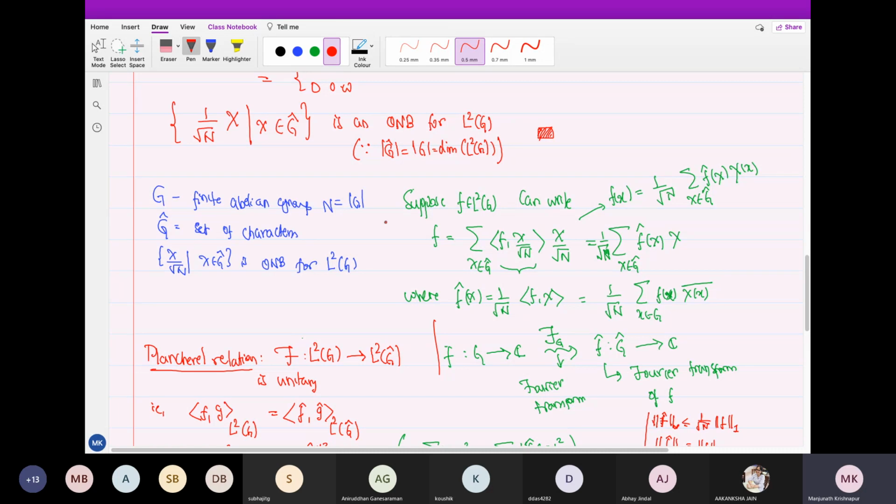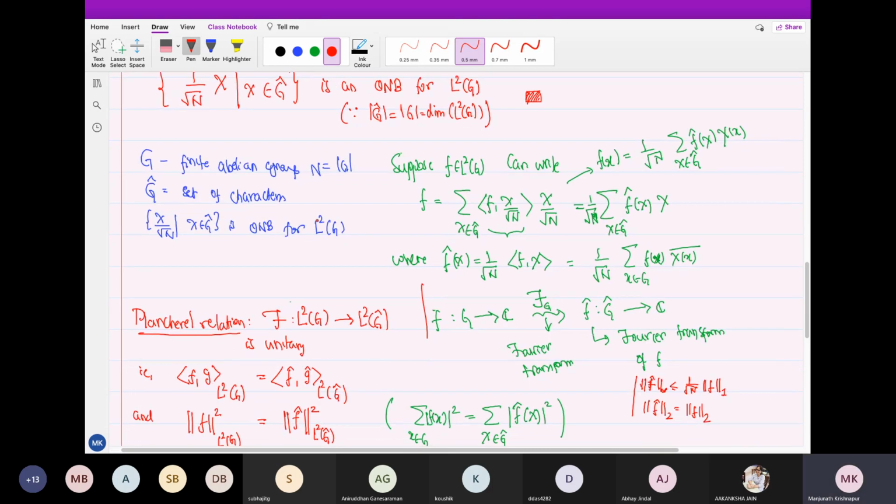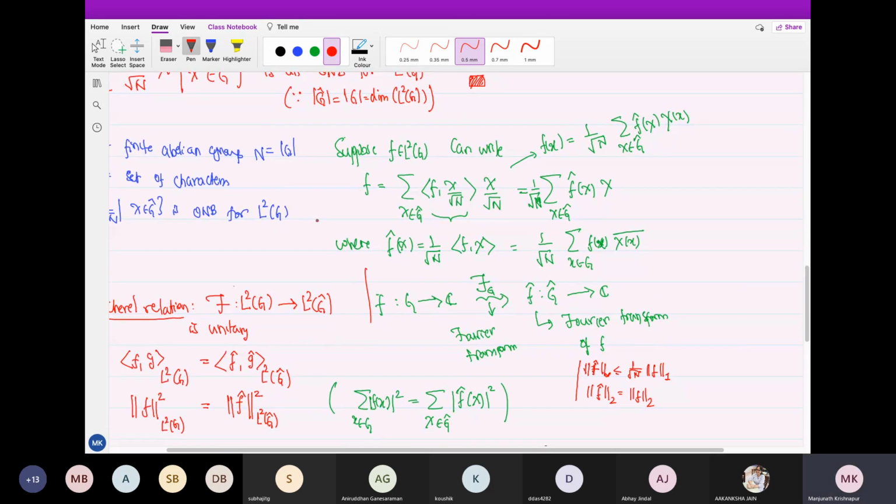Once it's an orthonormal basis, any function in L2 of G can be expanded in terms of the scaled characters chi over square root n, and the coefficients are called the Fourier coefficients, f hat of chi. f hat of chi is just the inner product of f with chi over square root n. This is pretty much what we did, and it works for all finite abelian groups. That was the point.